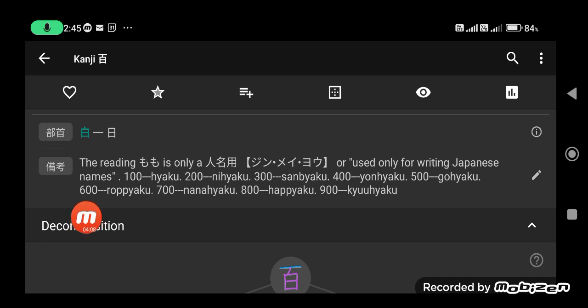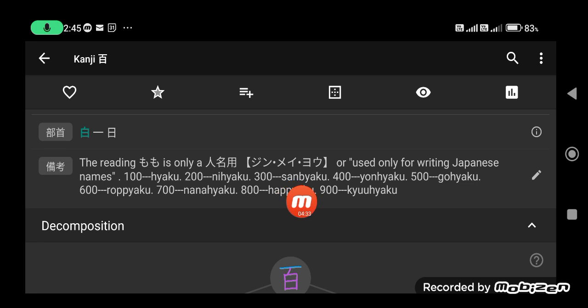600 is not roku hyaku, but just like in 300, we again use the principle of kanji compounding. In kanji compounding, the kanji in the middle of the combination receives a dakuten form.